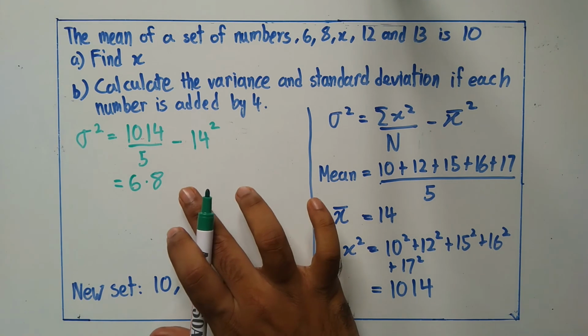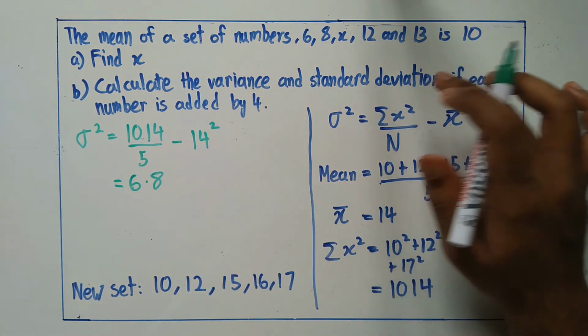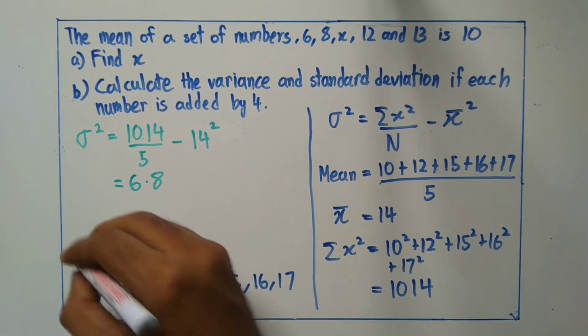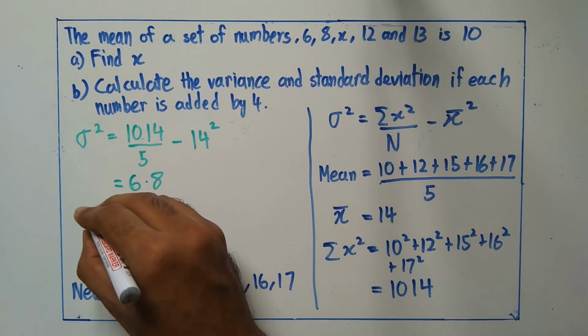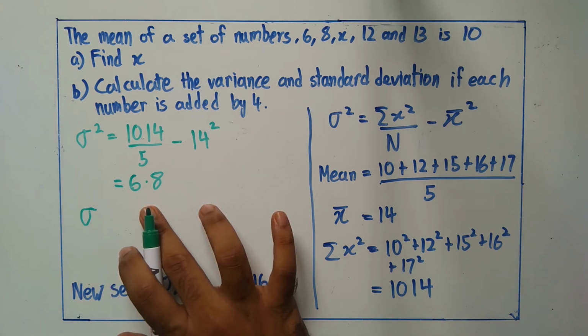We have calculated the variance. Now we need to calculate the standard deviation. To calculate the standard deviation, we need to square root the variance.